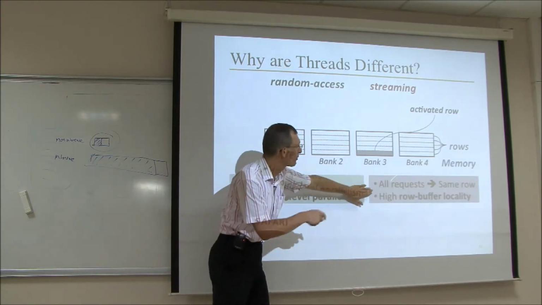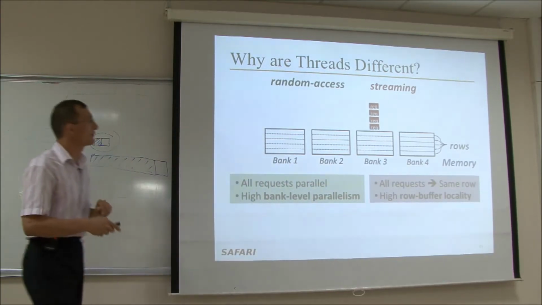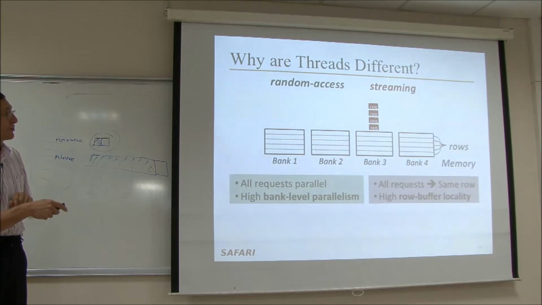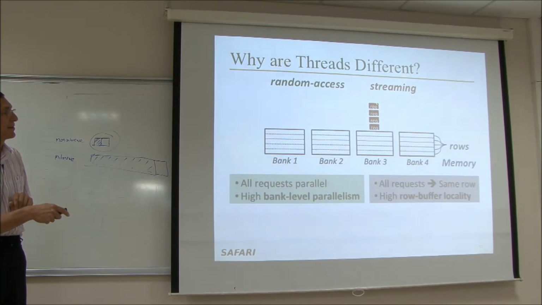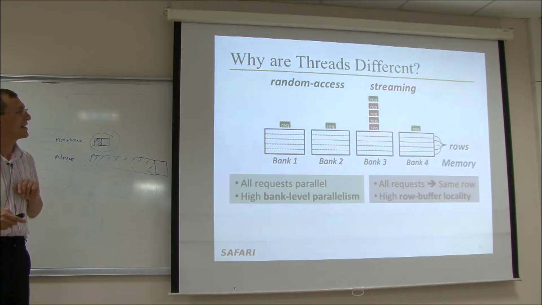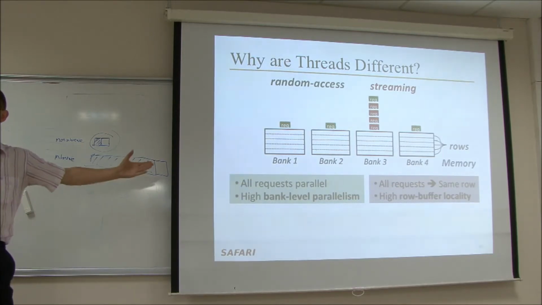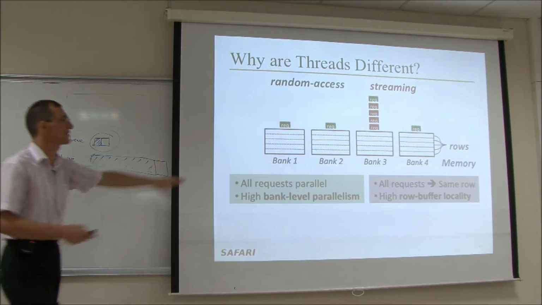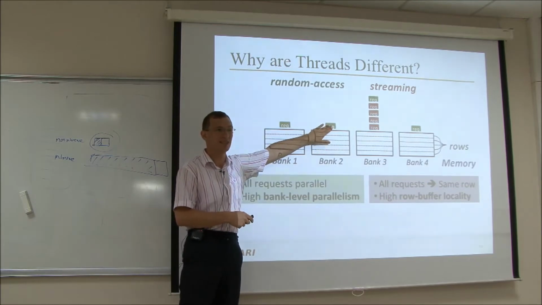So if you run these two together, what happens is if you prioritize a streaming thread, the streaming thread gets to this bank and hogs it for a while, whereas the random access thread goes to these different banks. Now these three requests are serviced in parallel, but this poor request gets delayed for a long time, right? As a result, the random access thread cannot make progress until the streaming thread gets out of the way.